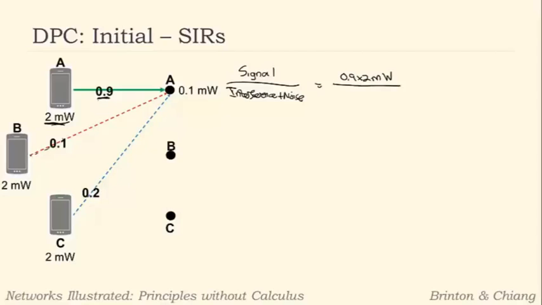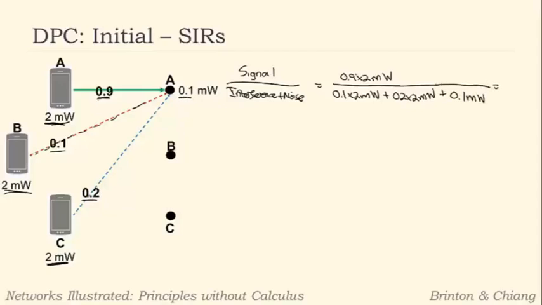The first part of the indirect gain is this 0.1 here times this 2 milliwatts, which is coming from B. And then coming from C, we have 0.2 times 2 milliwatts. And then don't forget that we have to add the noise in the receiver.